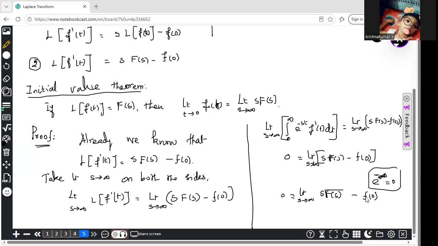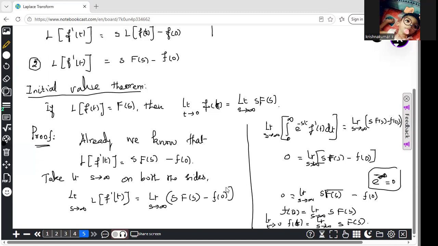Bringing f of 0 to the left side, f of 0 is equal to limit s tends to infinity of s into f of s. And f of 0 can be written as limit t tends to 0 of f of t, isn't it? So limit t tends to 0 f of t is equal to limit s tends to infinity s into f of s. This is the proof of the initial value theorem.